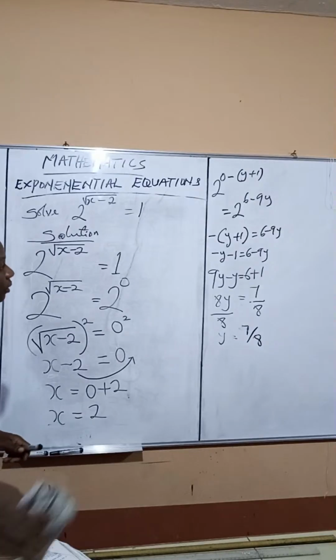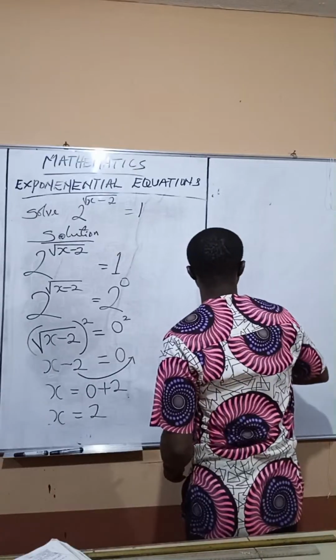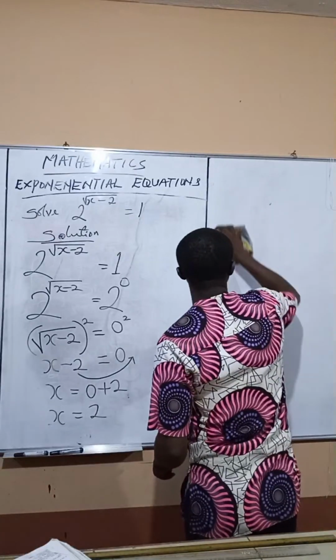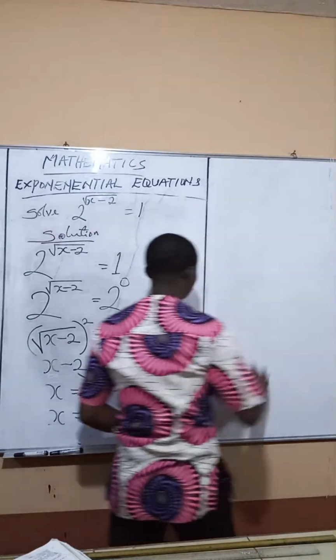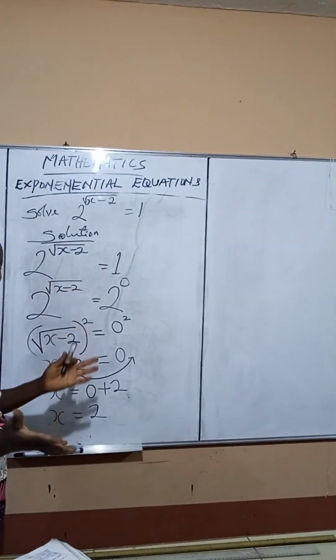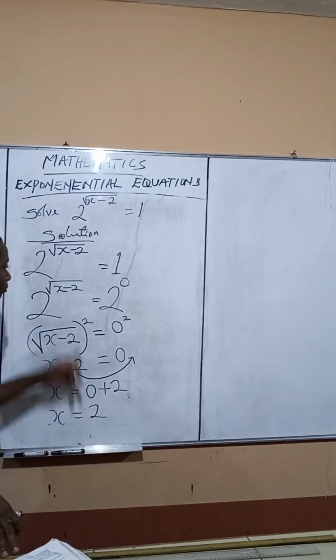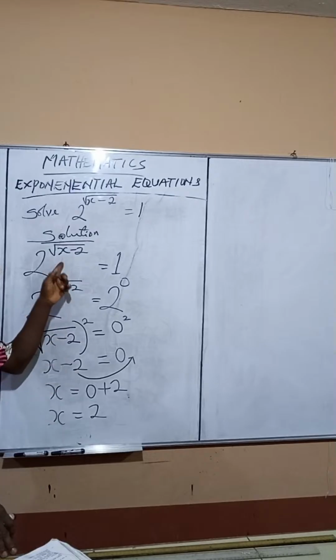And I'm sure we are done with this, so we have to clean this one so that I don't get it mixed with the other one. Now, if every one of us wants to test if it's correct, just take these two, put it here or here, anywhere you can put it.